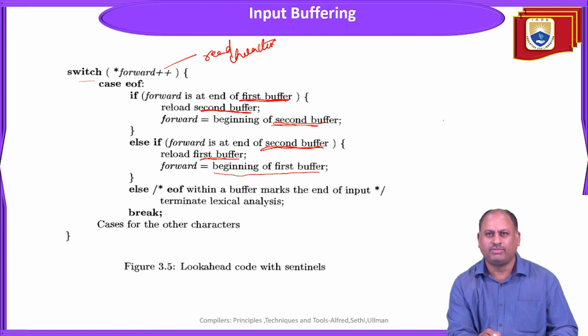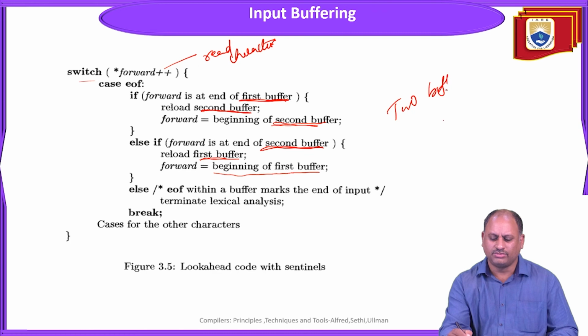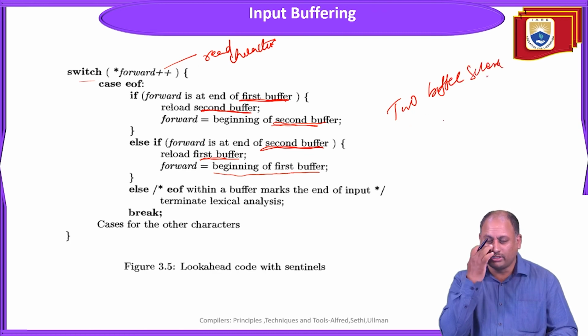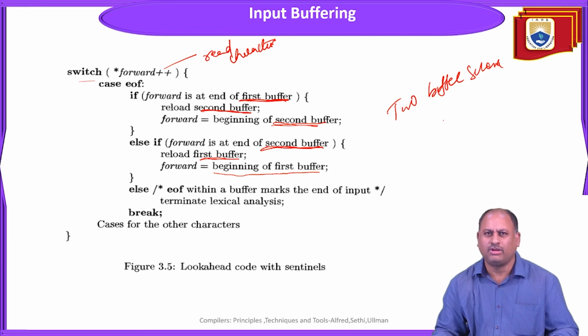The contents of buffer 1 and buffer 2 are supplied with the input strings, and then all the tokens are recognized and released. This is called the two buffer scheme. It avoids the drawbacks of the one buffer scheme, where the length of the lexeme can be more than the given buffer size.